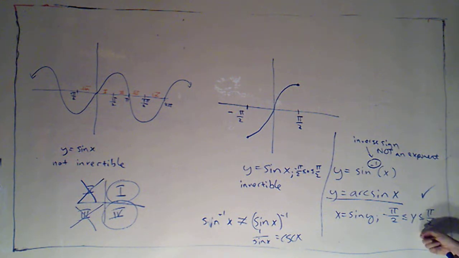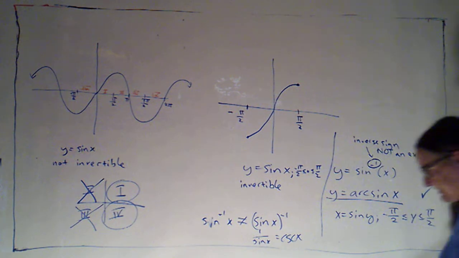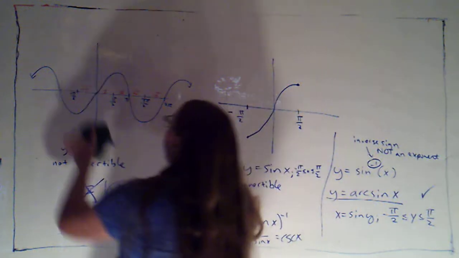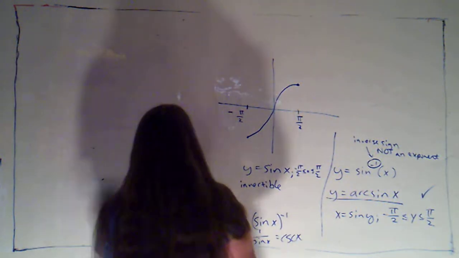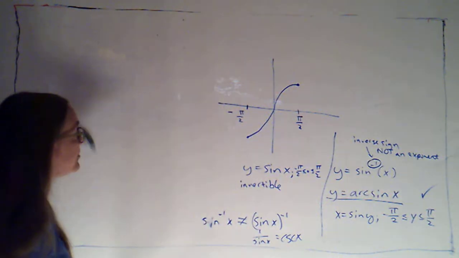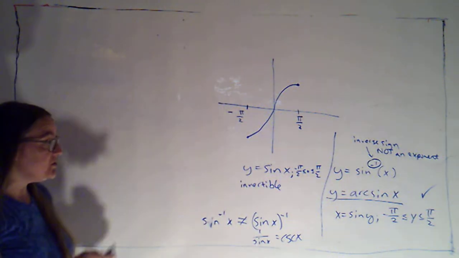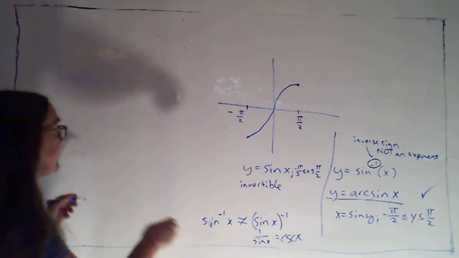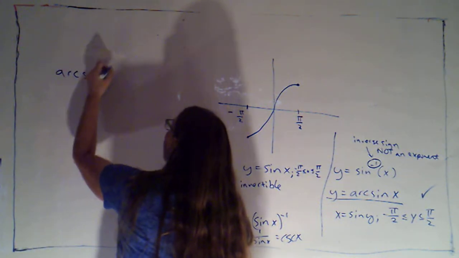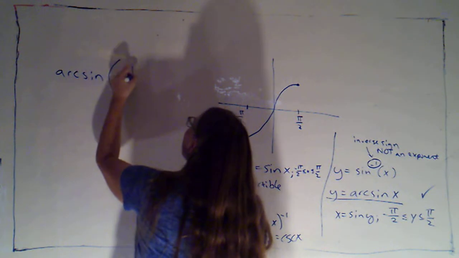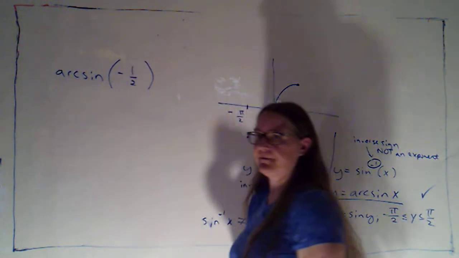Okay. All right, excellent. So with that definition, I can start actually trying to evaluate this new function that I have. Okay. So let's say I wanted to evaluate arcsin of -1/2.